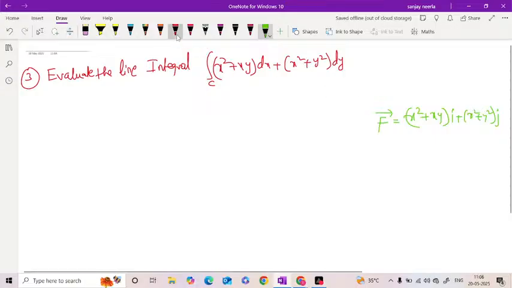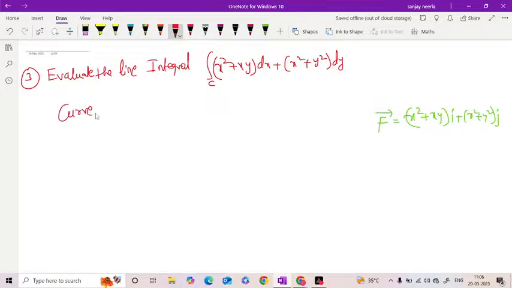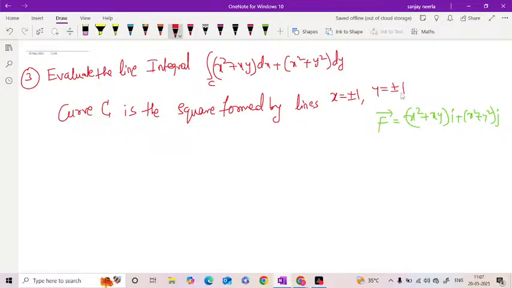Okay, now the curve is given: curve C is a square formed by the lines x is equal to plus or minus 1 and y is equal to plus or minus 1.